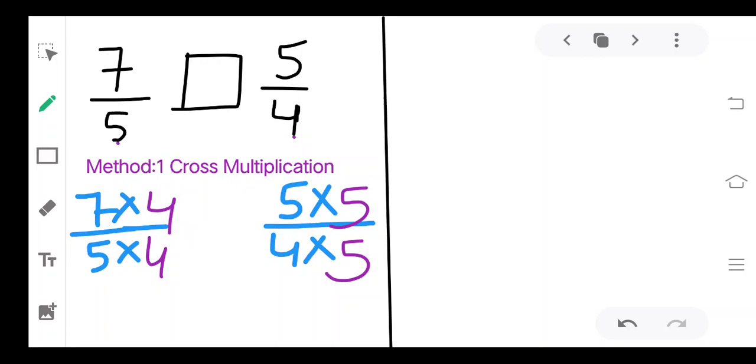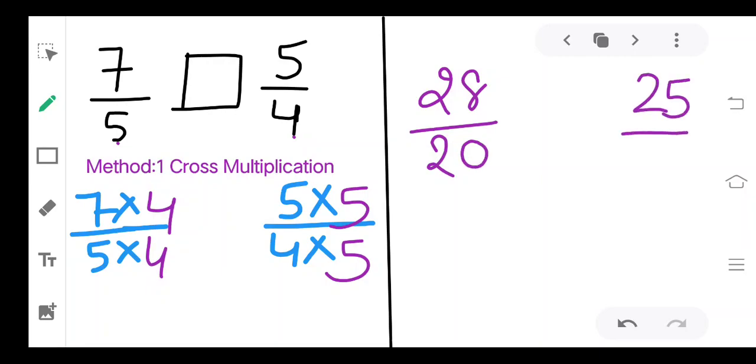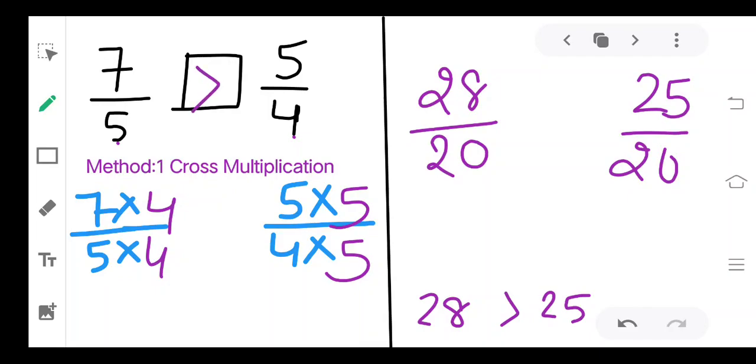So 7 4s are 28, and 5 4s are 20. 5 5s are 25, and 5 4s are 20. Now you can easily compare this. In 28 and 25, 28 is greater. So the answer is 7 upon 5 is greater than 5 upon 4.